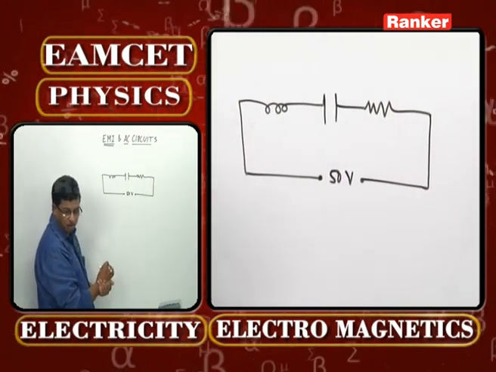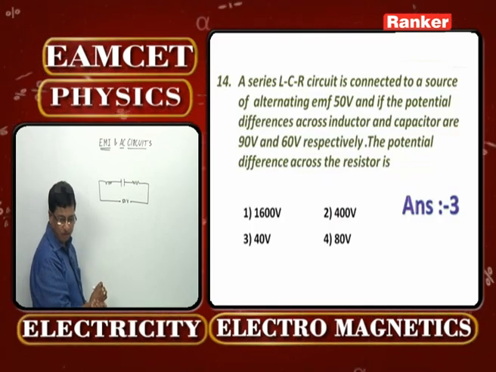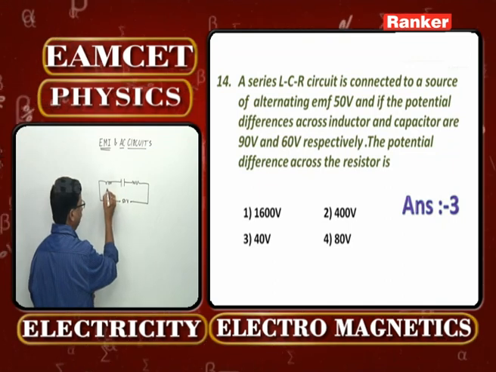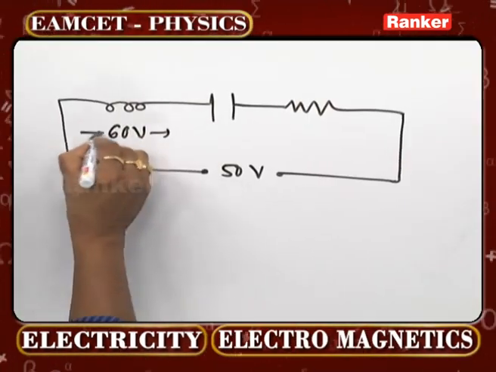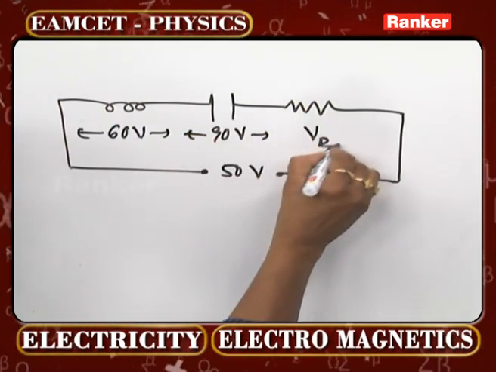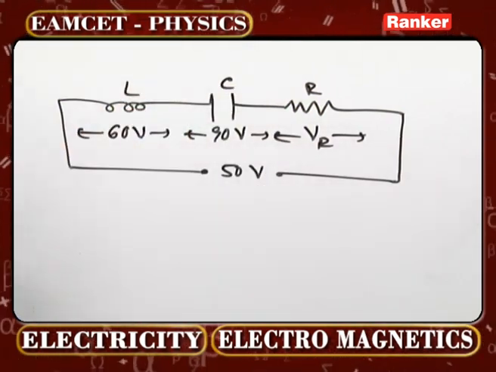Fine. What are the values he has mentioned, carefully? The potential differences across the inductor and capacitor are 60 and 90. It is 60 volt here and 90 volt here. Now, what is VR? That is the question. Voltage across the resistor he is asking.